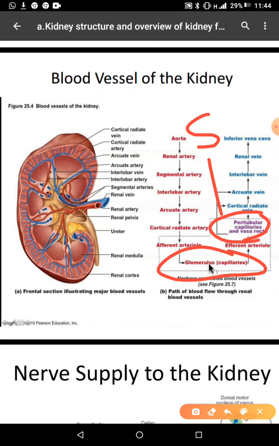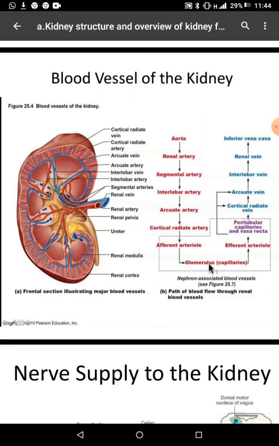There's also reabsorption taking place here. Okay, so this is the blood vessels of the kidneys. So you can form a mnemonic just to help you remember the order of blood flow. But what we are trying to say is that blood flow to the kidneys is through the renal artery. And blood flow out of the kidneys, it's through the renal vein.